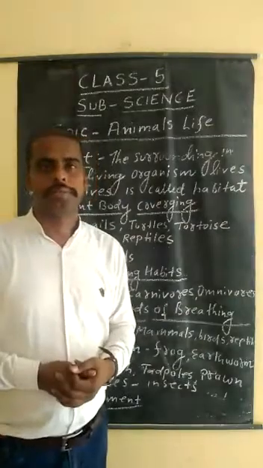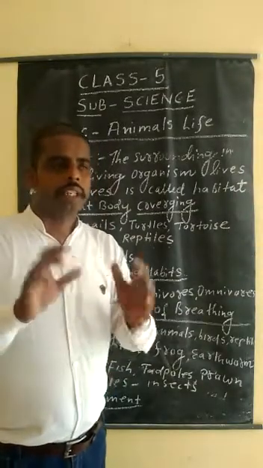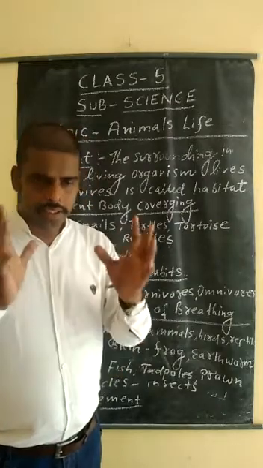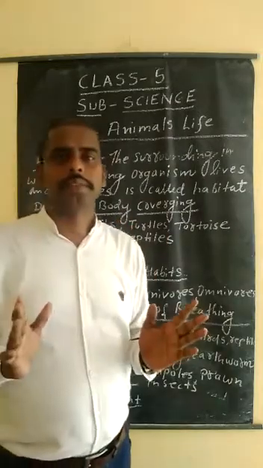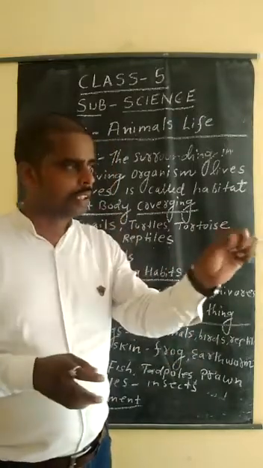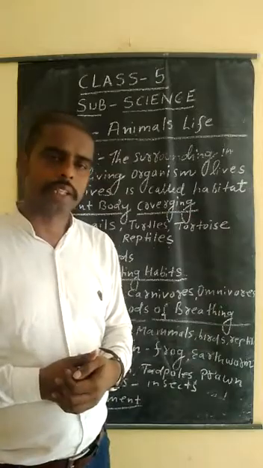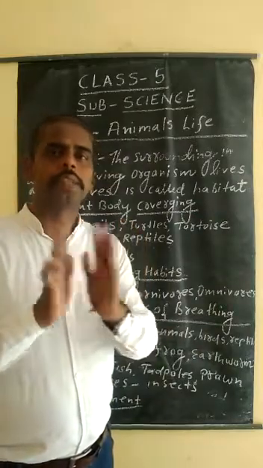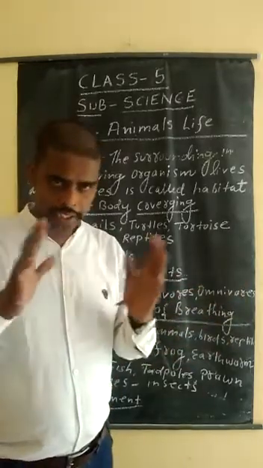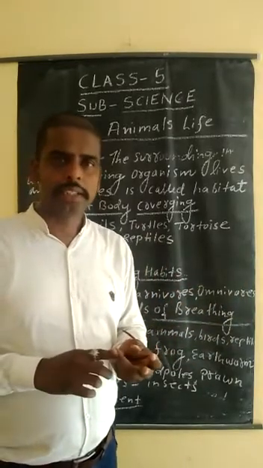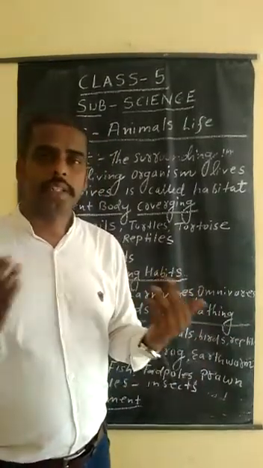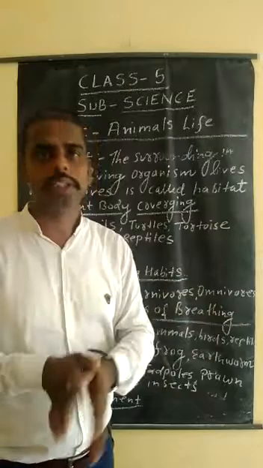Suppose you see a cow or a deer. They have broad teeth, and nature gave them this kind of teeth so they are able to eat grasses, plants and plant products. Their teeth are not so sharp. So the animals that eat plants, green substances and plant products are known as herbivorous animals.